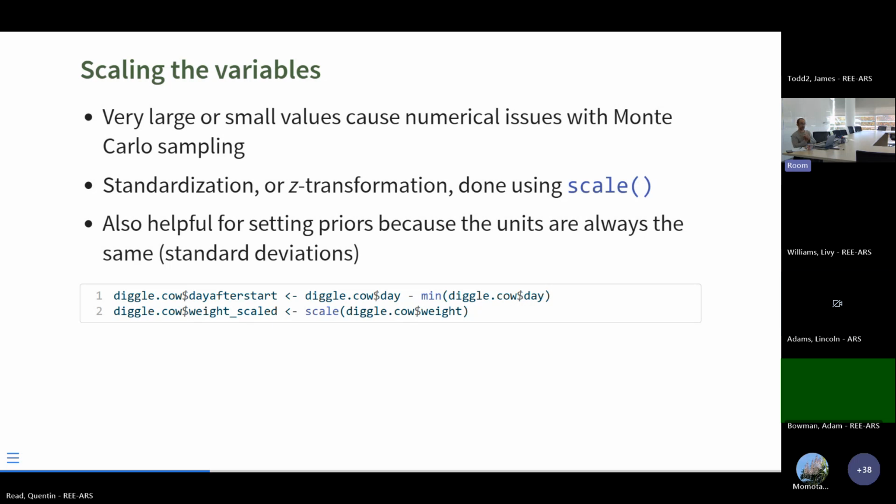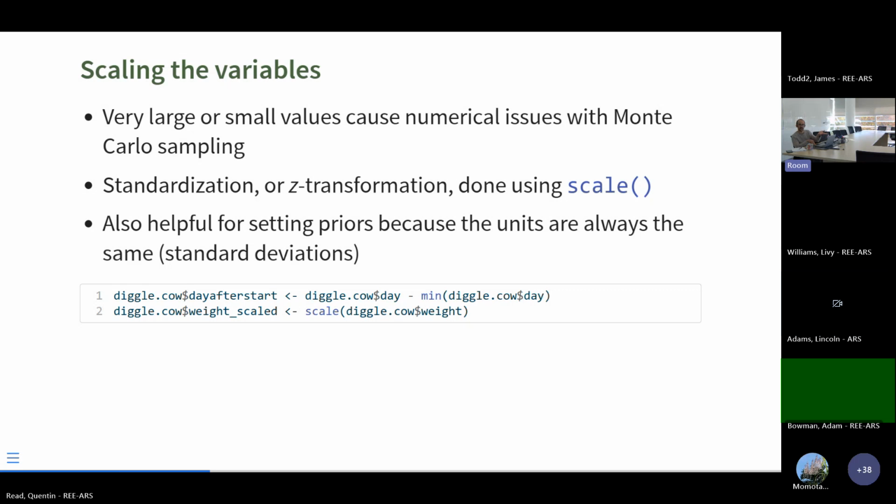If you scale your variable so it's in standard deviation units, you can always think of the same prior distribution of the fixed effect also in standard deviation units. You don't have to say, well, this parameter is in milligrams and goes up to thousands, so I want the prior to be normal with mean of 0 and standard deviation of 100.